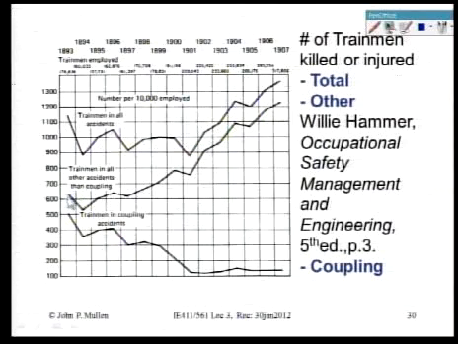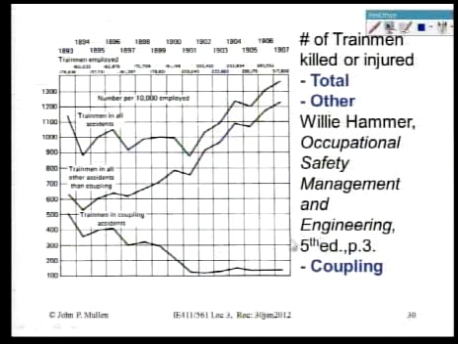And this is trainmen killed in accidents other than coupling. And we see that goes from about 600 to about 1,200 over the, let's see, 10 years here. But look what happens to trainmen in coupling accidents. And you can see pretty easily that legislation addressed that issue, but didn't do much for anything else.